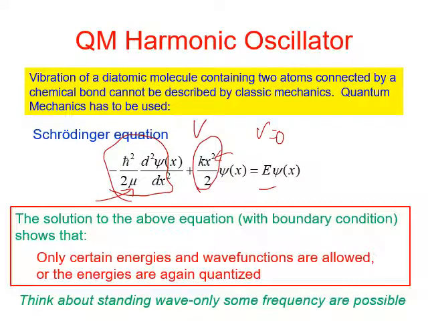Just like we did in the 1D box model, when we solve the Schrödinger equation, we combine it with boundary conditions, and that leads to the energy and the wave function, where only certain of them are allowed, and that means they are quantized. We're going to show you the allowed energies and the wave functions in the next few slides.